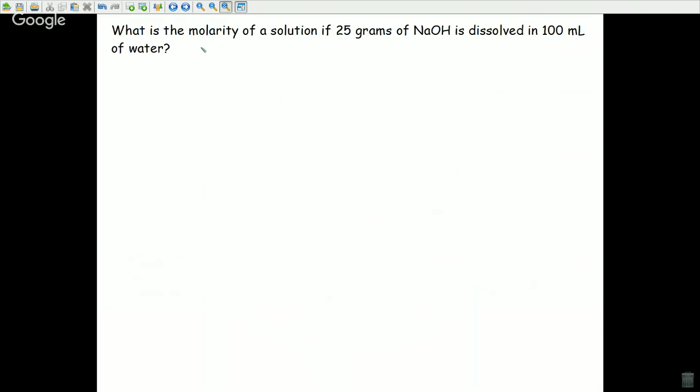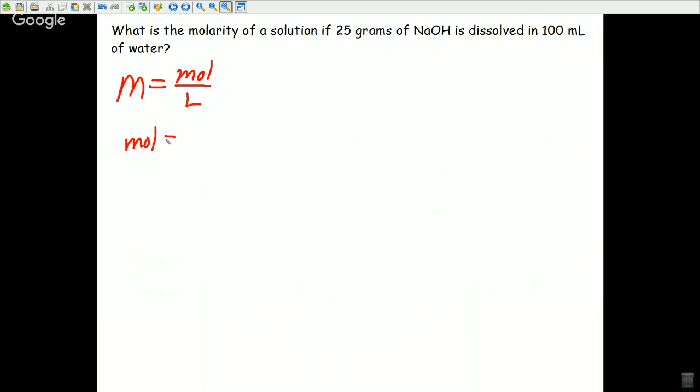So in this question, it says what is the molarity of a solution if 25 grams of sodium hydroxide is dissolved in 100 milliliters of water? So remember that you need moles per liter. So you need to first convert the mass into moles.